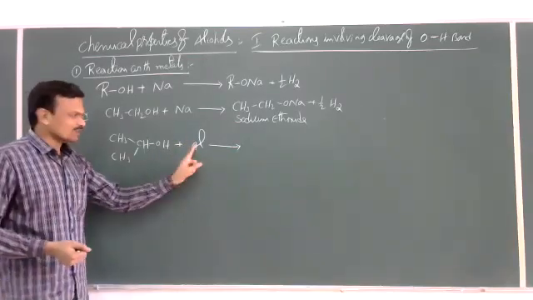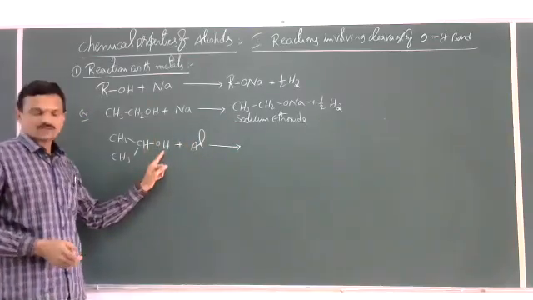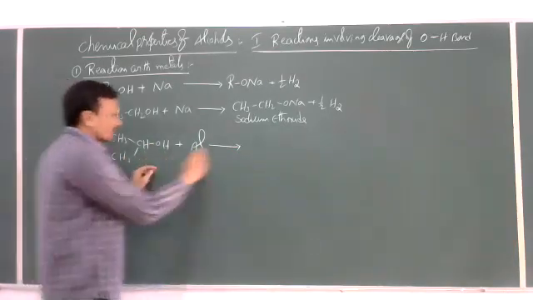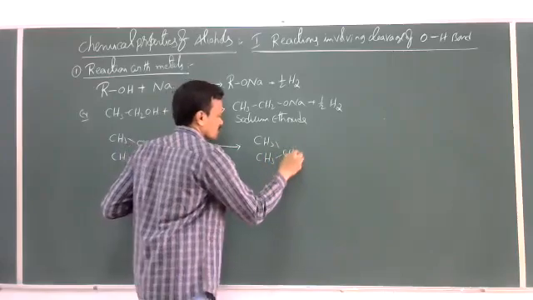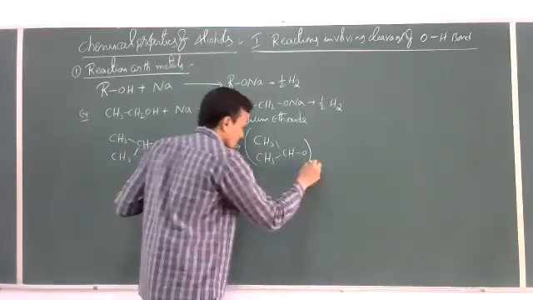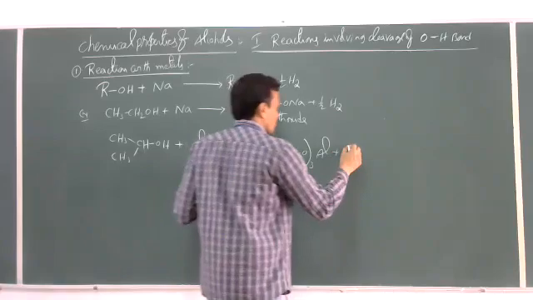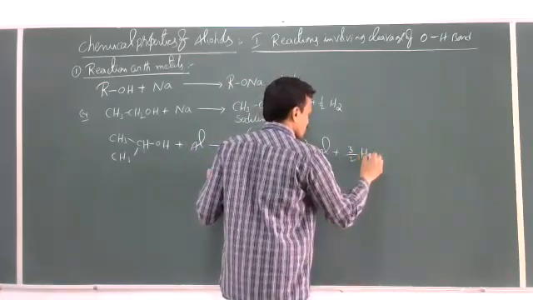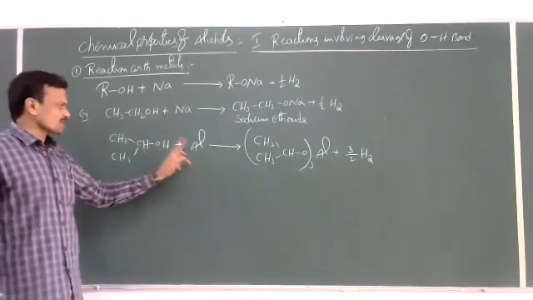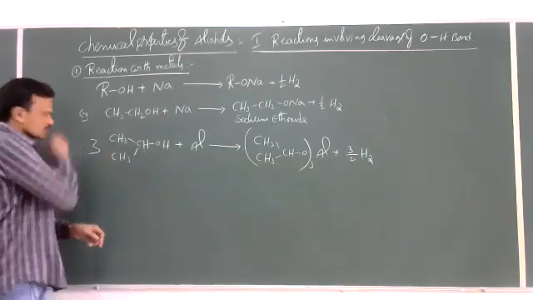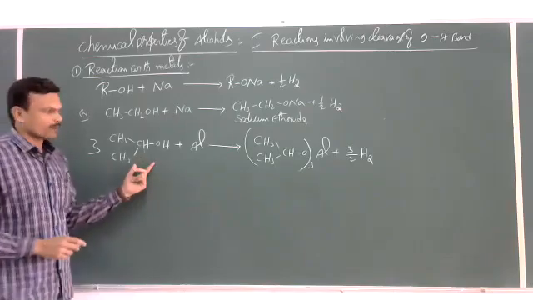That means one aluminum atom can displace 3 hydrogen atoms, and then we can get (CH3)2CHO taken thrice, Al, plus 3/2 H2. So one aluminum can displace 3 hydrogens from 3 moles of isopropyl alcohol.